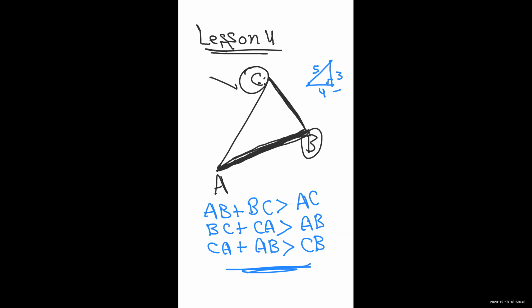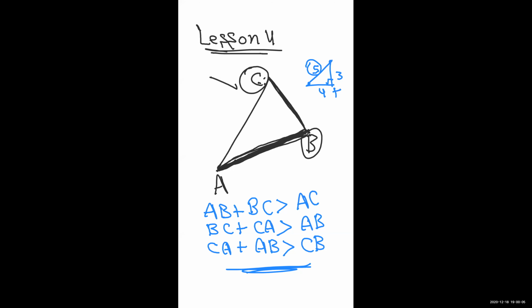Of course 3 plus 4 is greater than 5. This is true in any triangle: the sum of two sides is greater than the third. Are we clear now, guys?